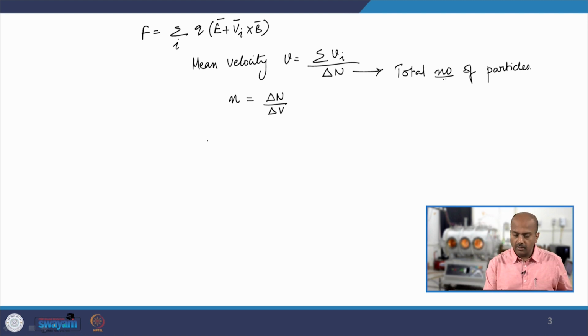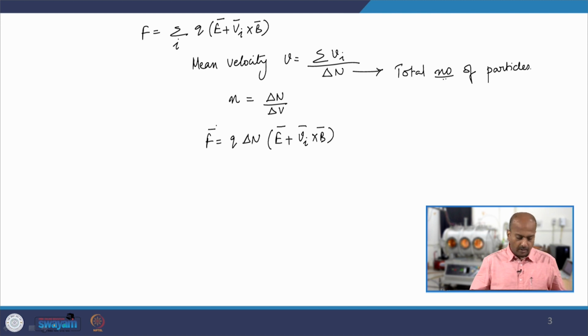Now, you can write the Lorentz force expression using this as Q delta n times E plus Vi cross B, right.